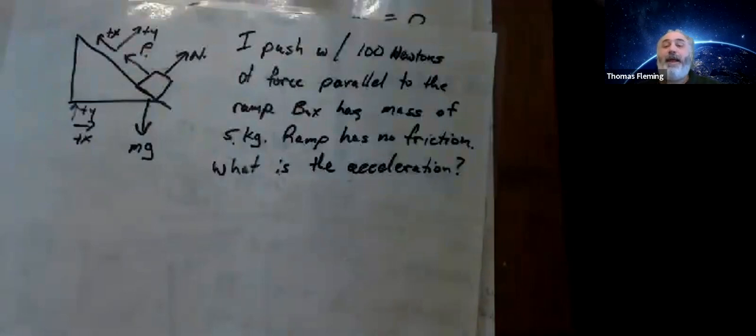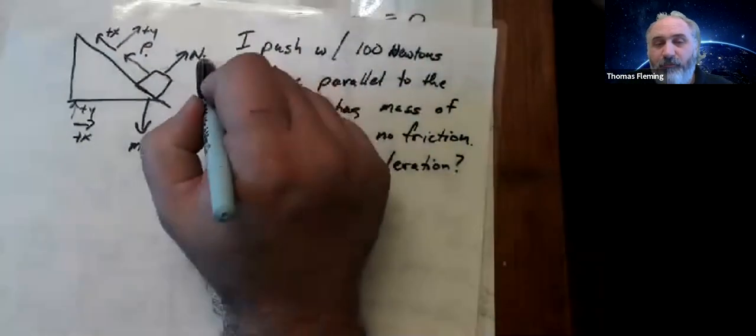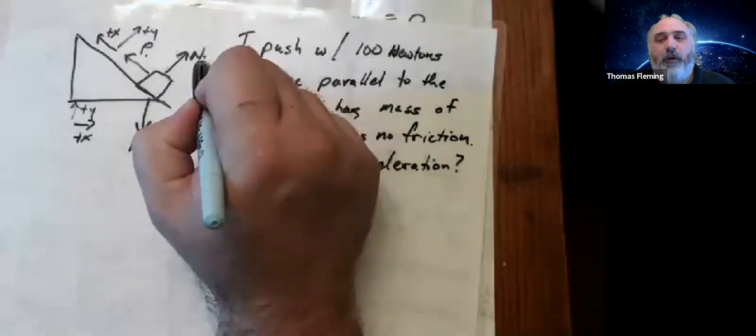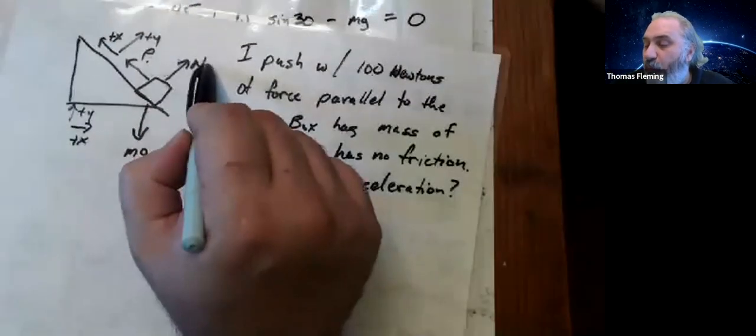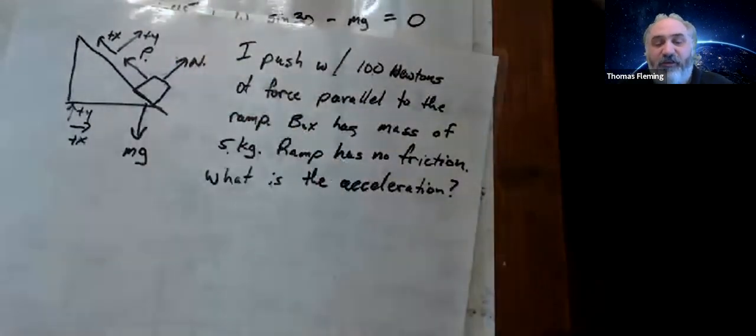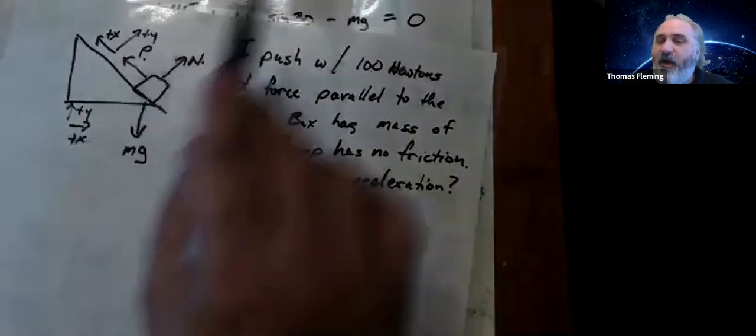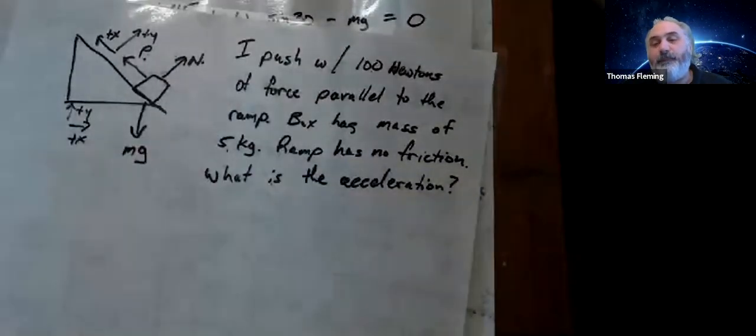Now, here's why that's going to make my life easier. When I go to break my forces into components, some of the components that used to be diagonal compared to my coordinate system, like the normal force, aren't diagonal anymore. This normal force points the same direction as the y-axis. So the normal force is going to have a y component but no x component.